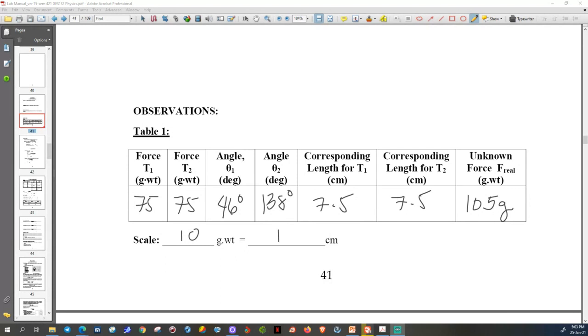Okay, I think that's about clear. One second, guys. I have to project this.